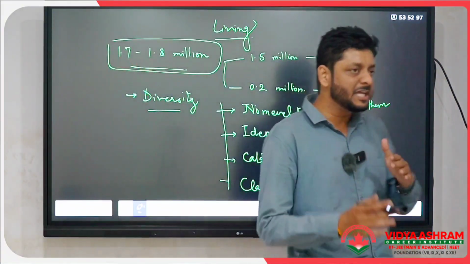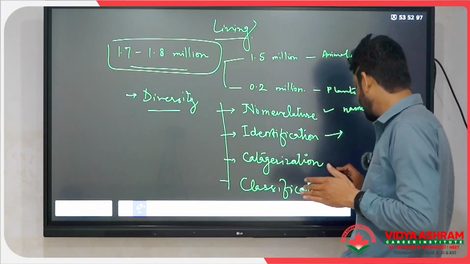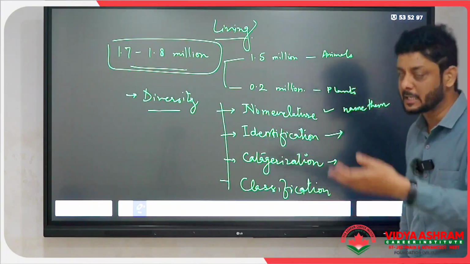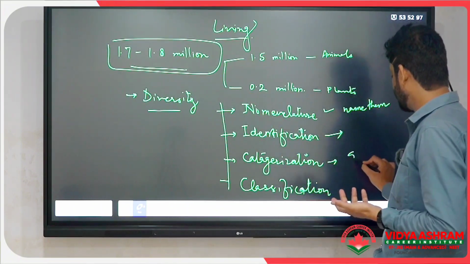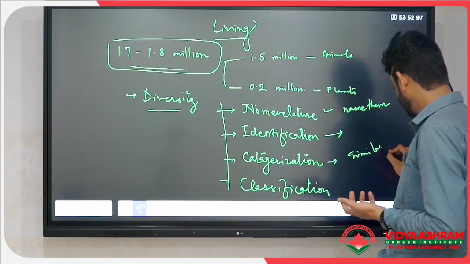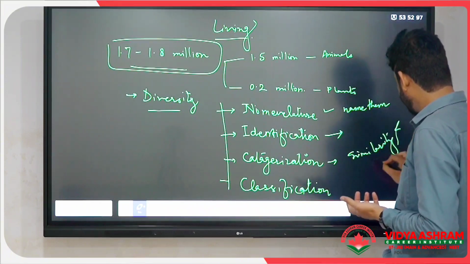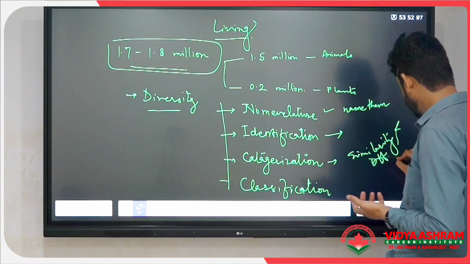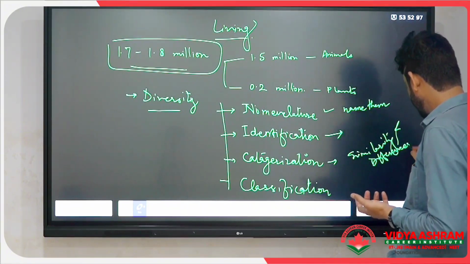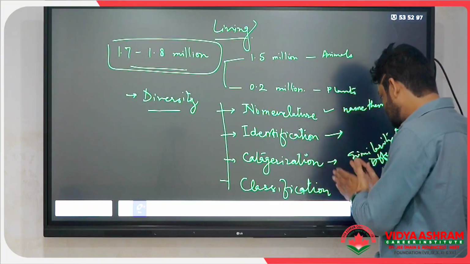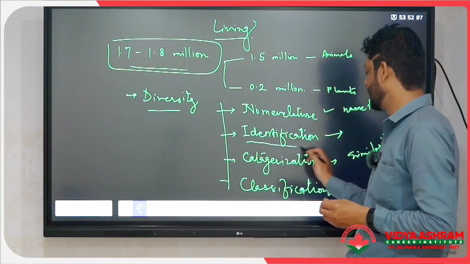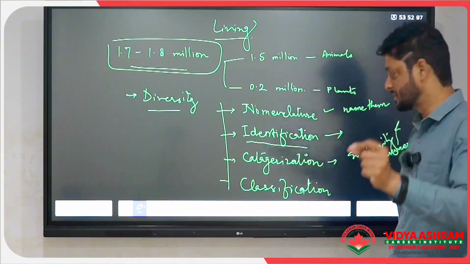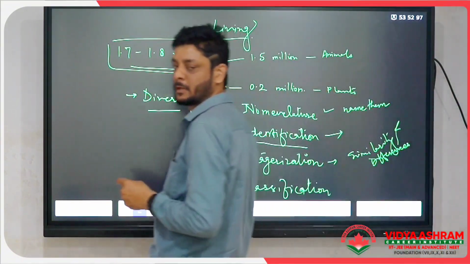To identify each of the organisms, we have to categorize them. How do we categorize the organisms? We have to understand the similarities and the differences. To understand the similarities and the differences, we have to identify each and every characteristic feature of living.